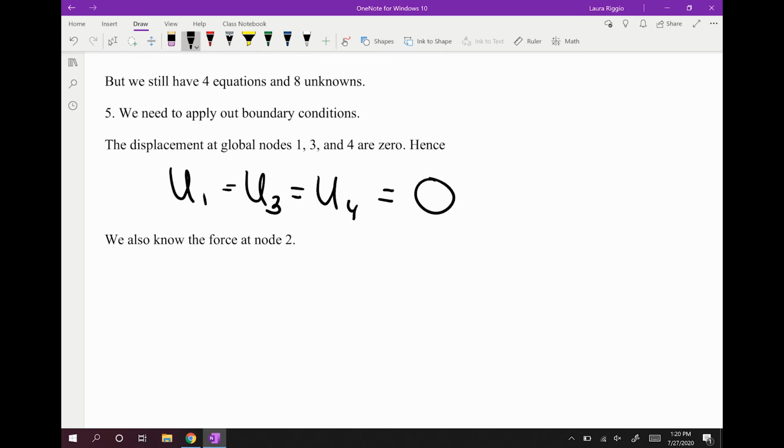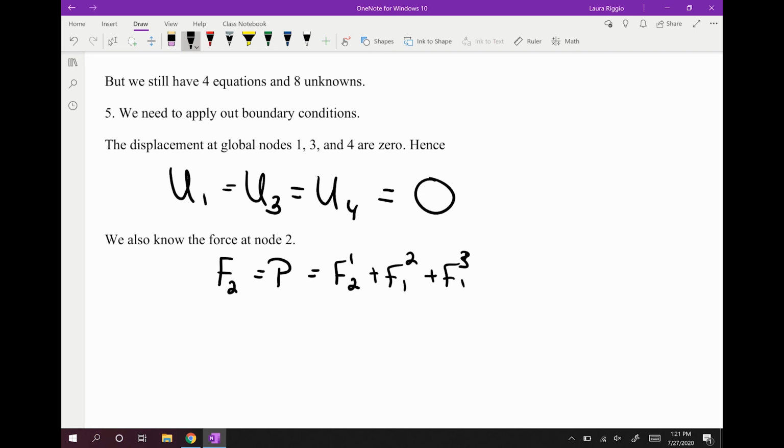They cannot move. We also know that the force at point 2 is equal to P, which is equal to, remember, the sum of our element level nodal forces.